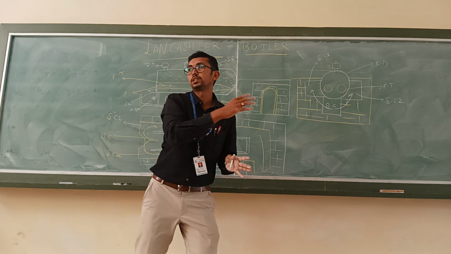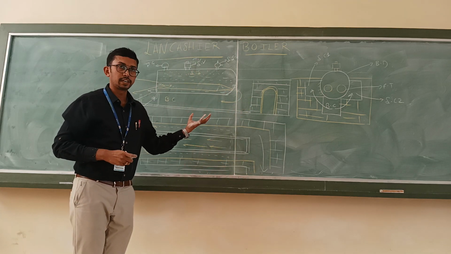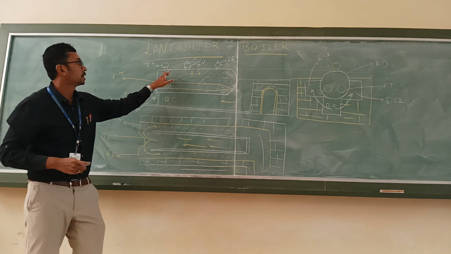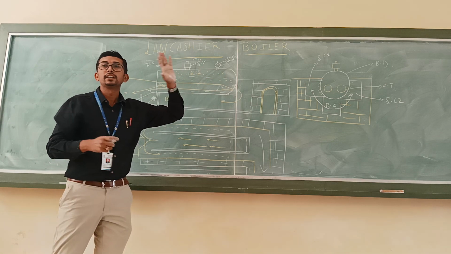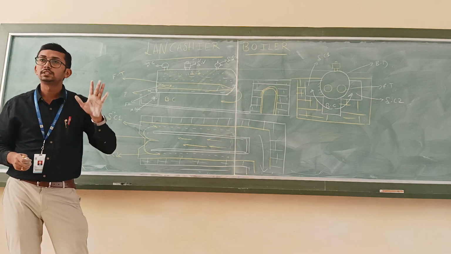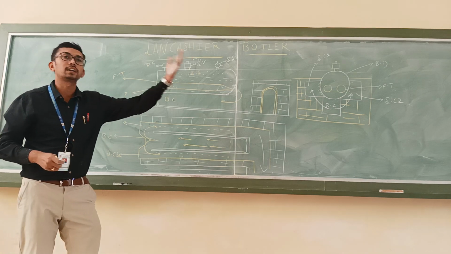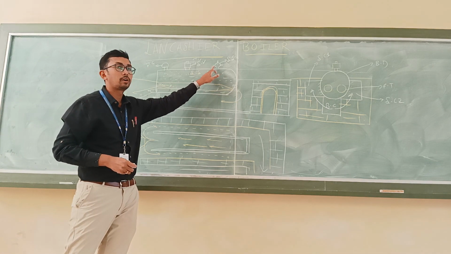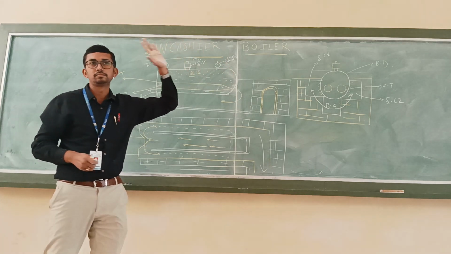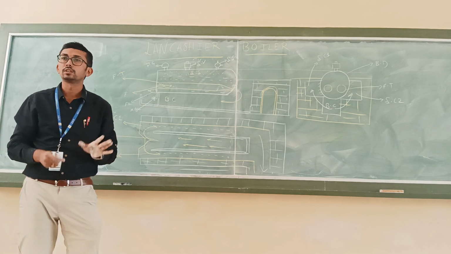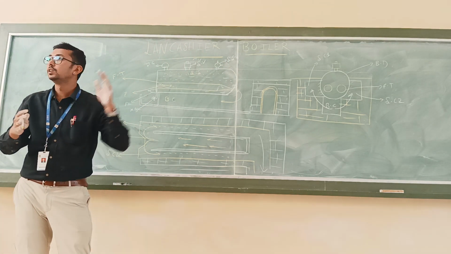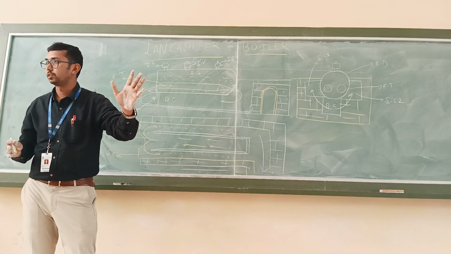During this process, the steam will be generated and it will be collected in the steam space inside the boiler, and this steam is used for further application with the help of the steam stop valve.